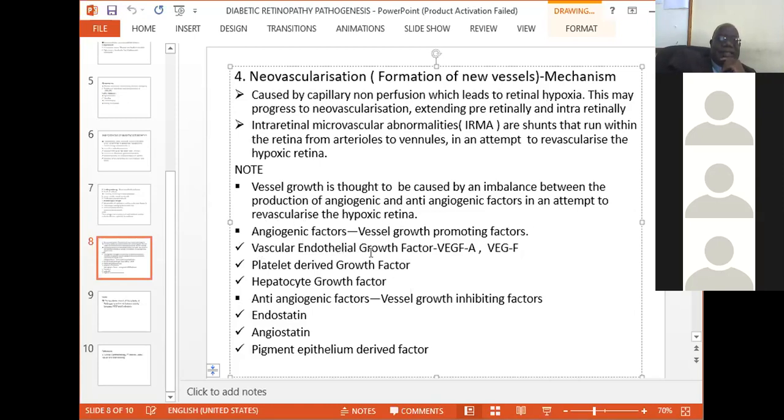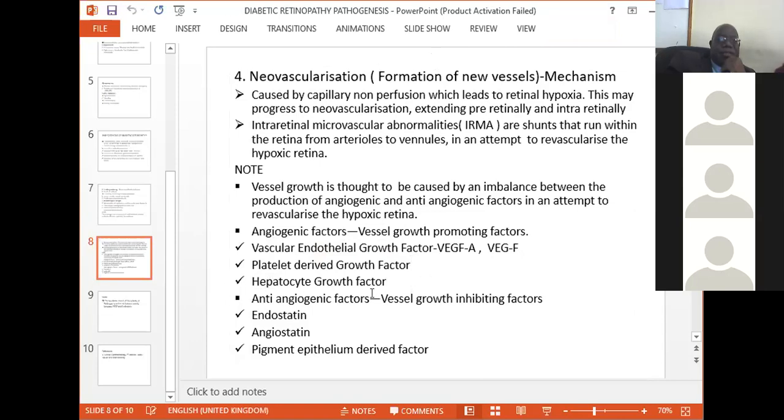Angiogenic factors, vessel growth promoting factors, are things like vascular endothelial growth factor A and F, platelet-derived growth factor, and hepatocyte growth factor. These promote vessel growth.